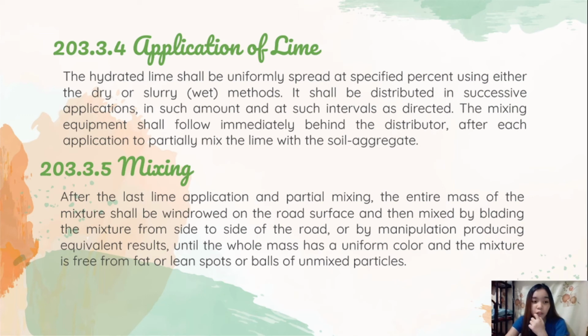Next is mixing. So after the last lime application and partial mixing, the entire mass of the mixture shall be windrowed on the road surface and then mixed by blading the mixture from side to side of the road or by manipulation producing equivalent results until the whole mass has a uniform color and the mixture is free from fat or lean spots or balls of unmixed particles. Then during the mixing operations, care shall be taken to avoid cutting into the underlying cores.